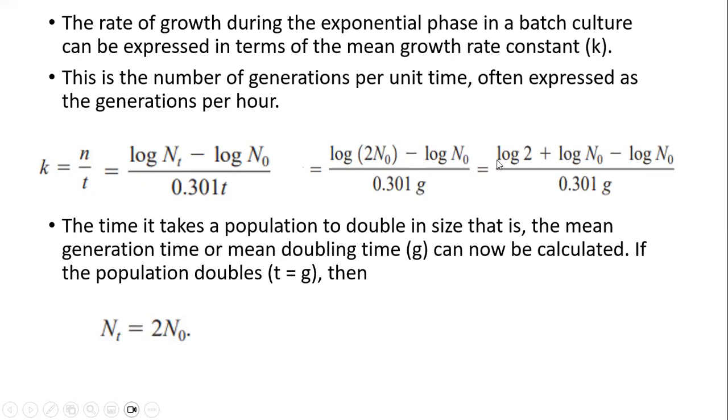So simplifying the equation, we have log 2 plus log n0 minus log n0 divided by 0.301. So these will get cancelled out, and these will get cancelled out. So what we will be left with is k is equal to 1 divided by g. So we can say that k is inversely proportional to the generation time, or mean growth rate constant is inversely proportional to the generation time.